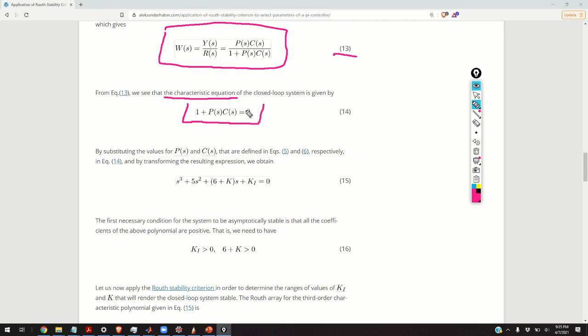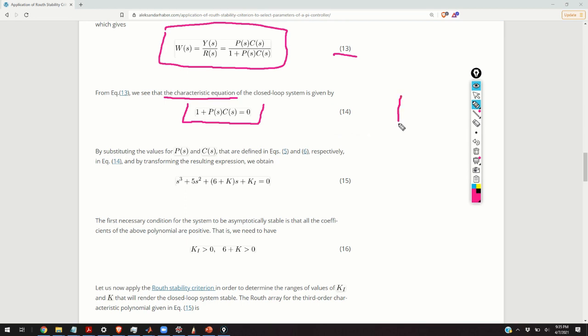That is, it's given when we equate the denominator of the transfer function to 0. Now, the zeros of the characteristic polynomial are the system poles, and the system is stable if the real parts of the poles are in the left half complex plane.